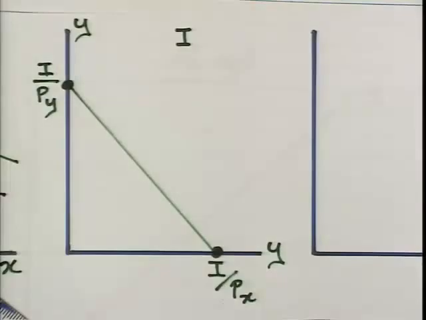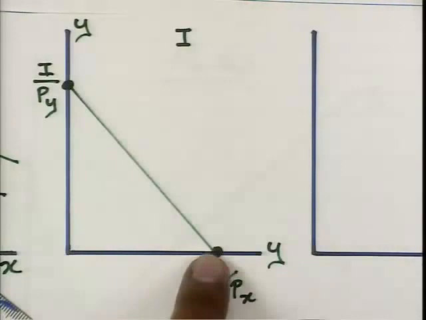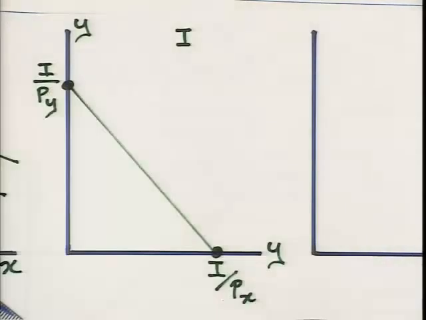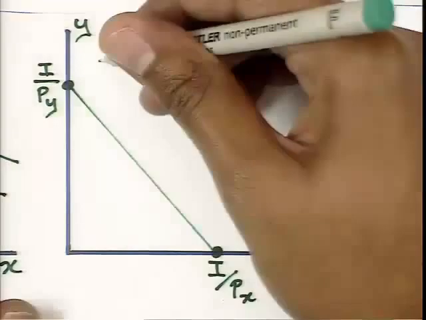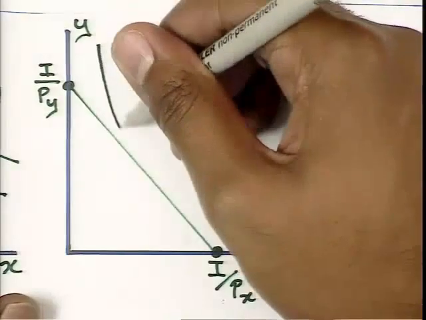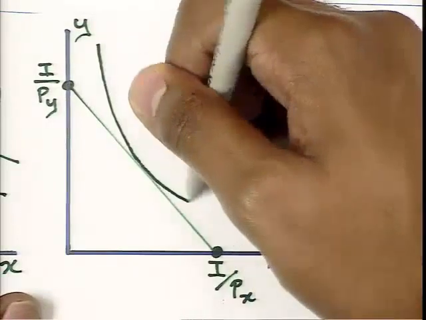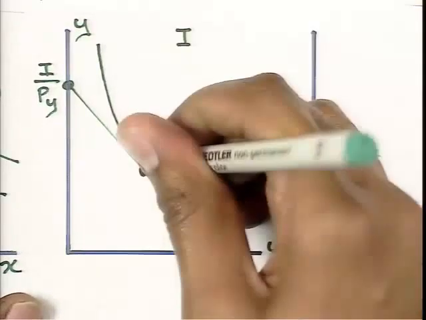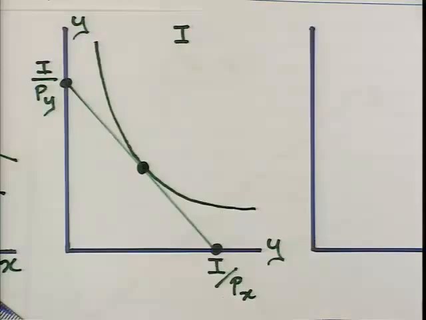My income divided by the price of X is the most X I can buy. My income divided by the price of Y is the most Y I can buy. My best affordable combination is where my indifference curve just touches my budget.